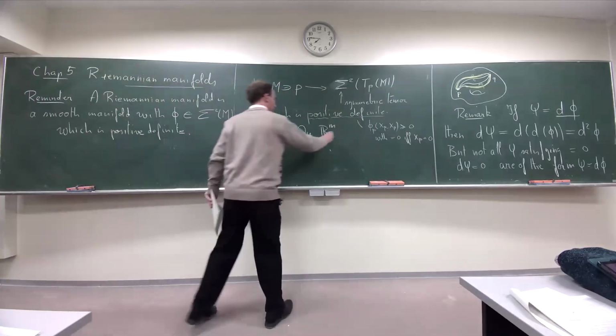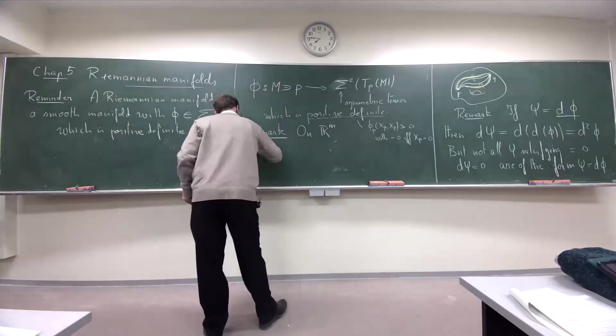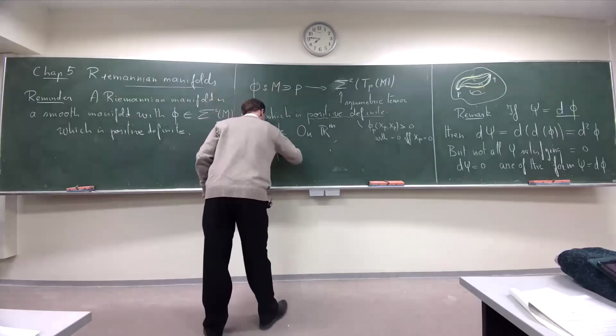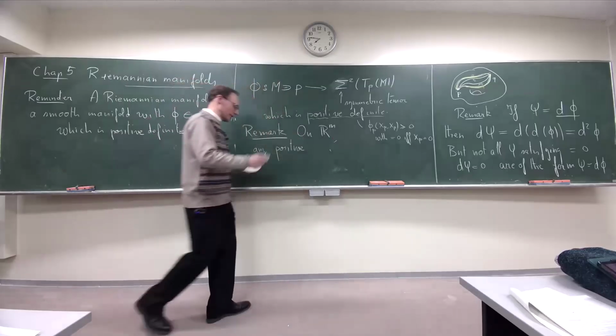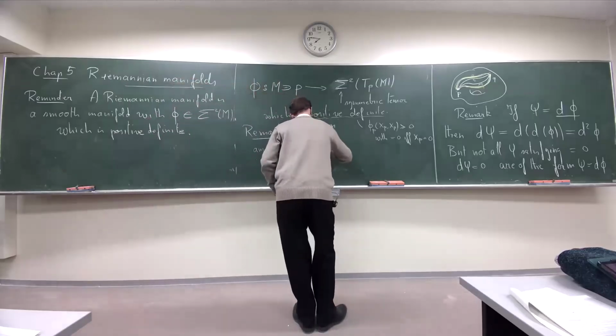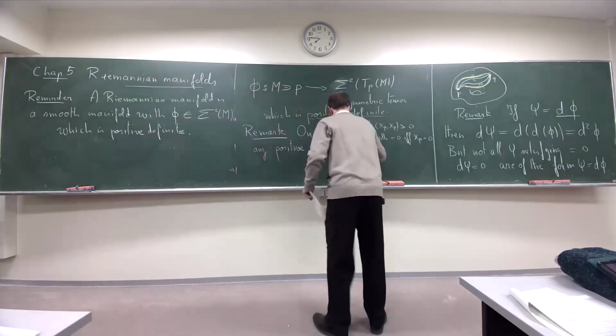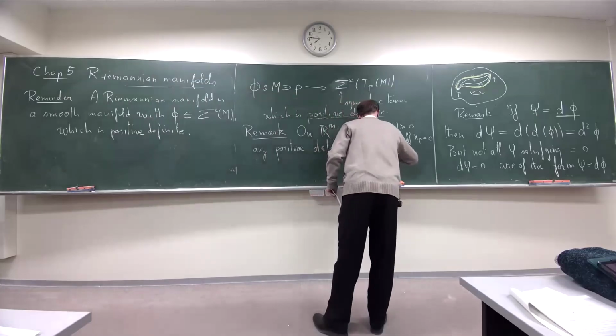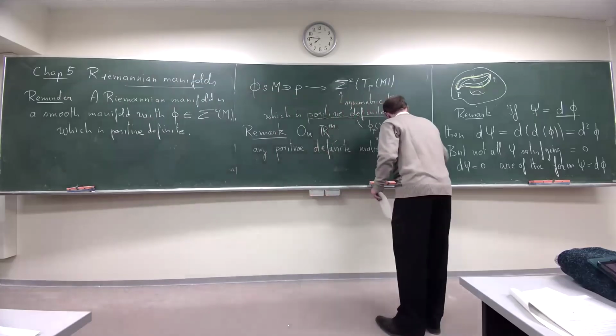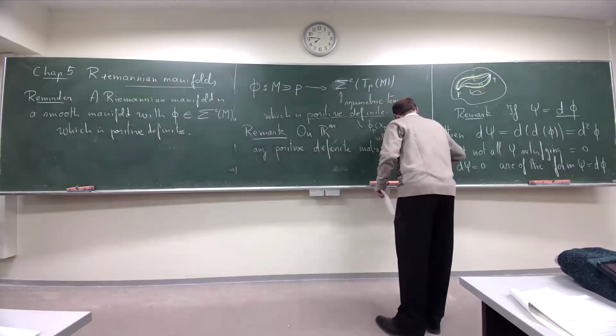So on Rm, this is very concrete, any positive definite matrix, and I will use the letter capital A for a matrix of size m times m.